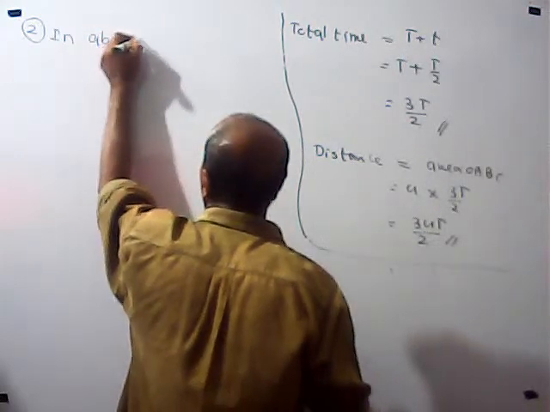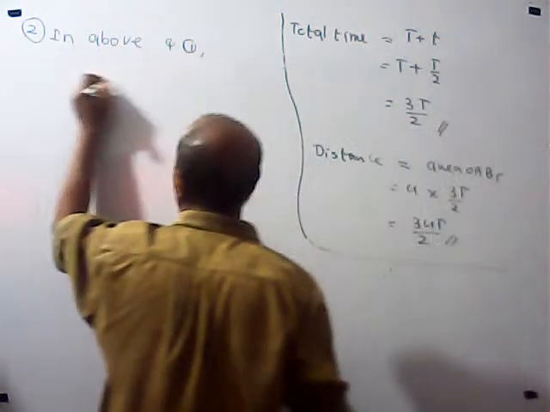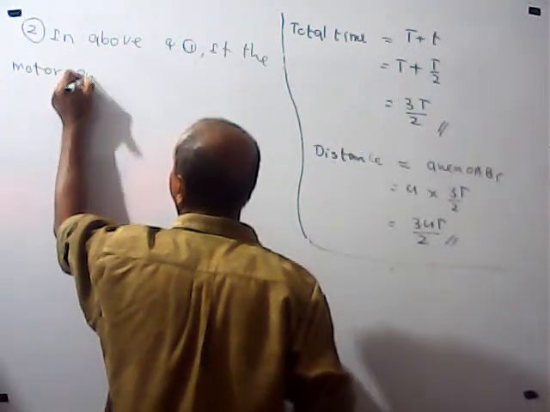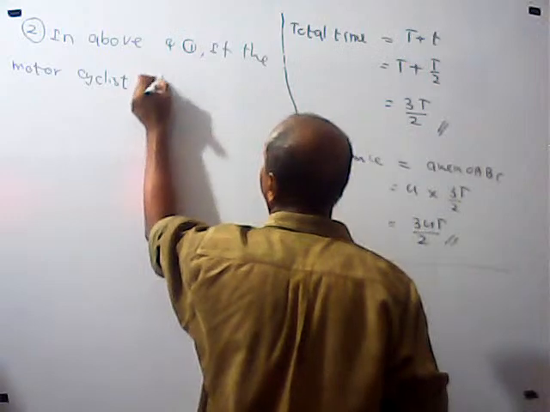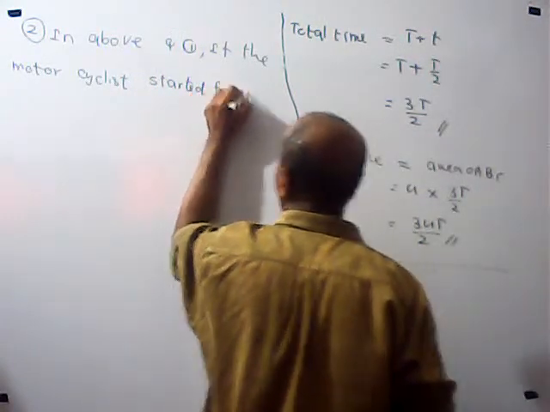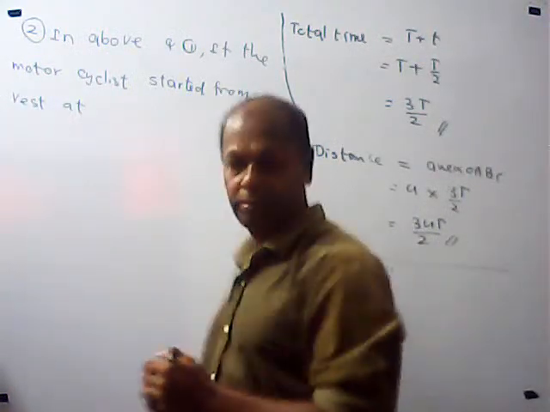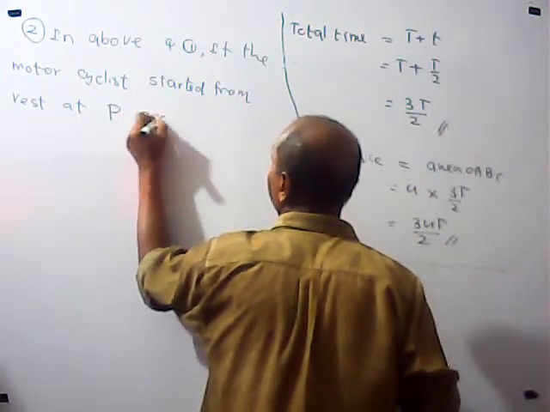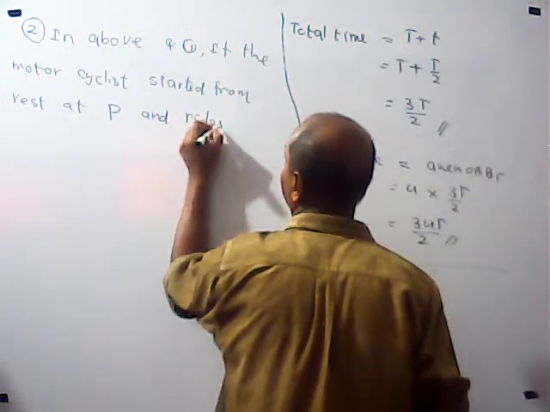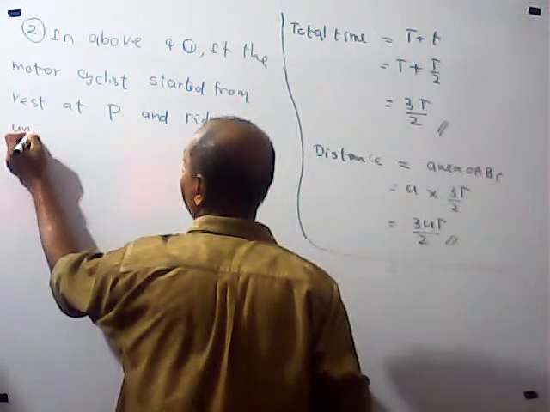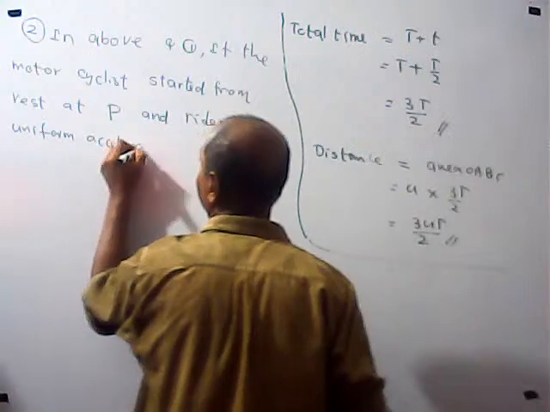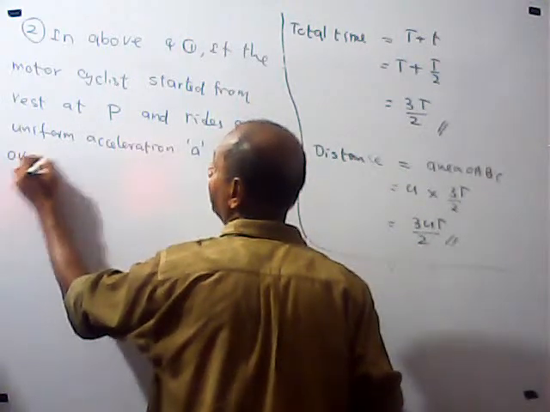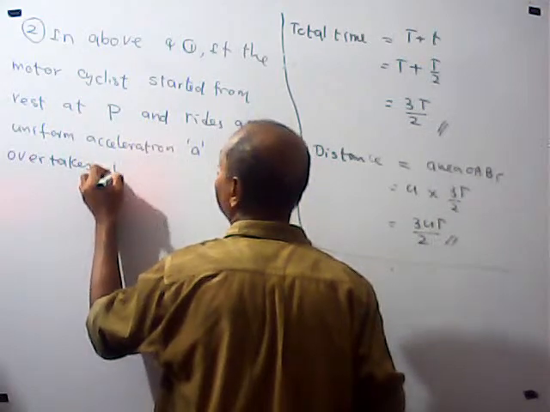Question 1: if the motorcyclist started from rest at the point P, and rides at uniform acceleration a until it overtakes the cyclist.